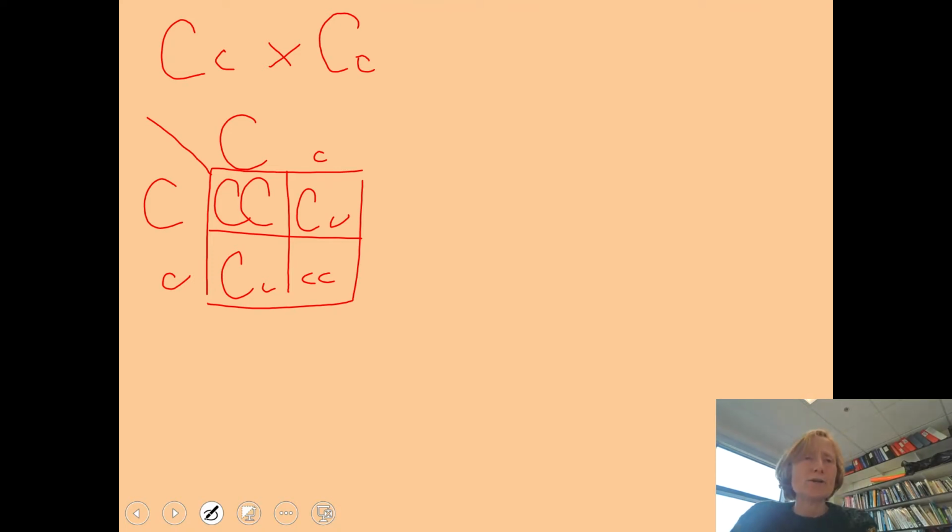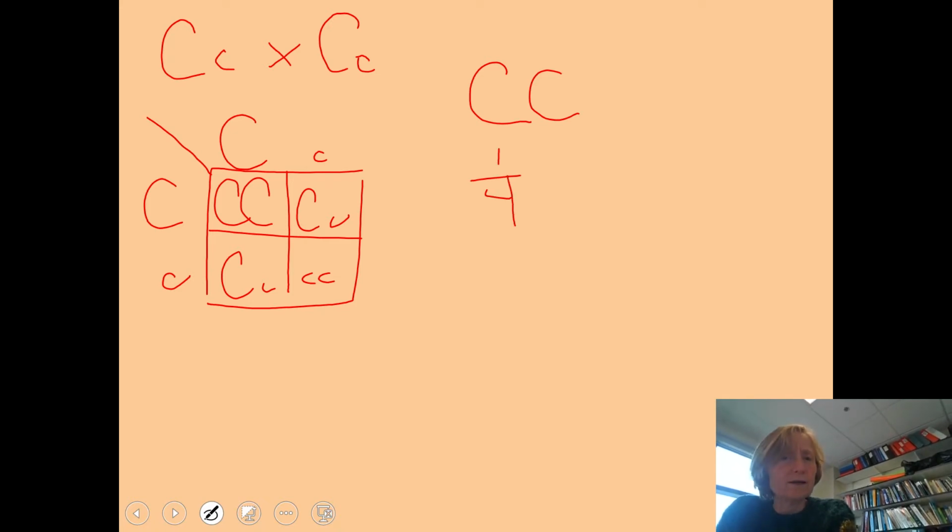But here's our parents, Dan and Cindy's genotypes. We've made the Punnett square, and we can ask, what's the probability of getting big C, big C? Well, the probability of getting big C, big C is 1 out of 4, right? Or what's the probability of getting big C, little c? Well, that's 2 out of 4, or 1/2.